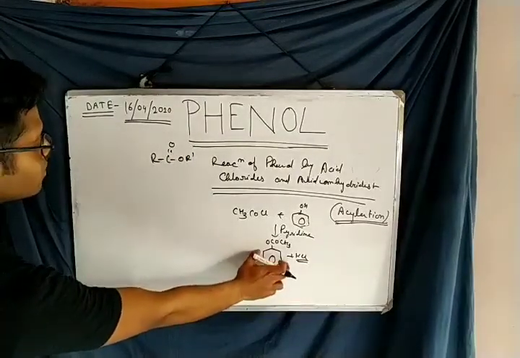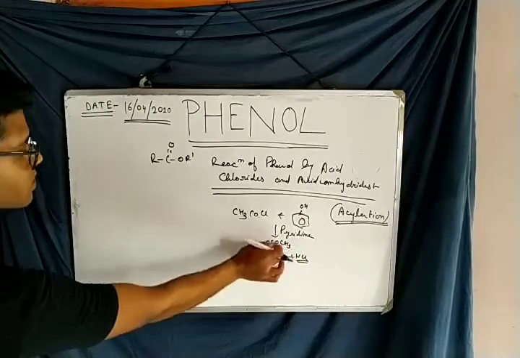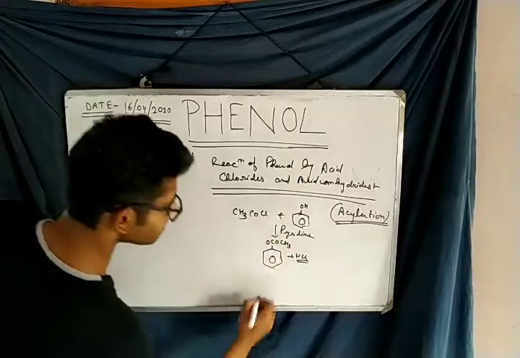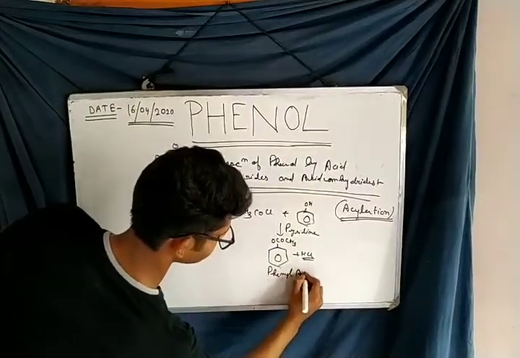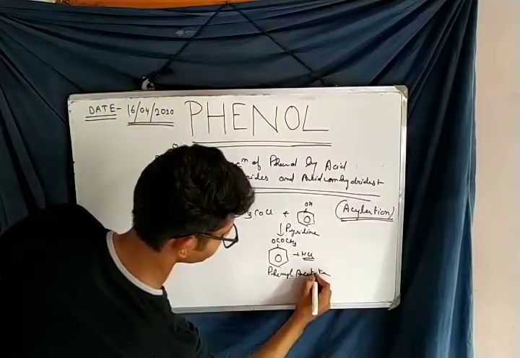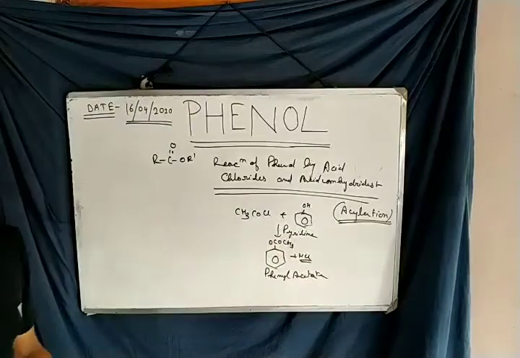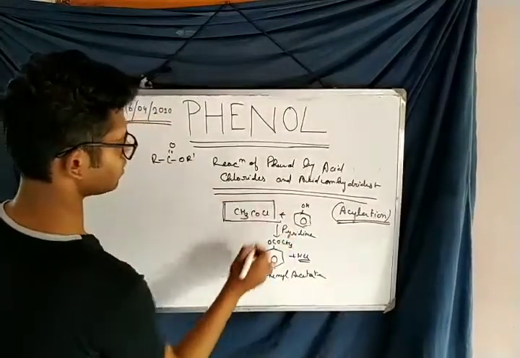Here this is R, and this is C double bond O, then OCH3. Two alkyl groups are present, one carbon atom and two oxygen atoms. So this is an ester, named phenyl acetate, and the byproduct is HCl. Similarly, this is an acid chloride.